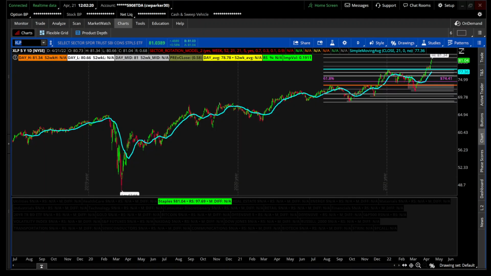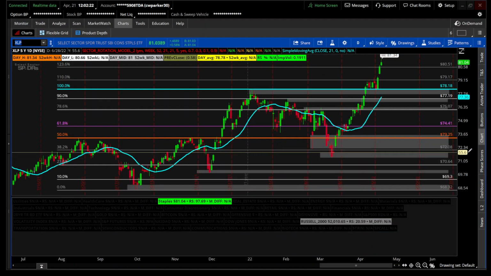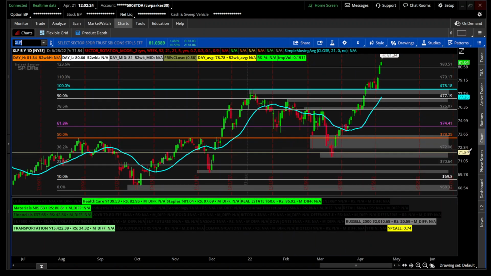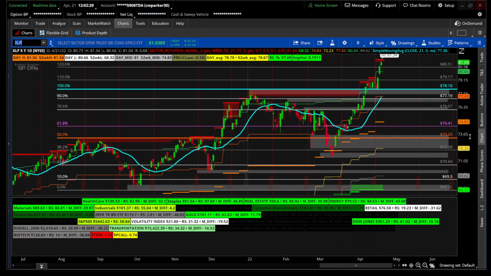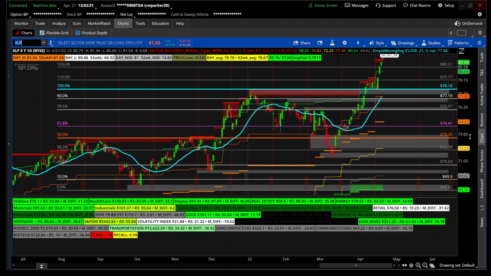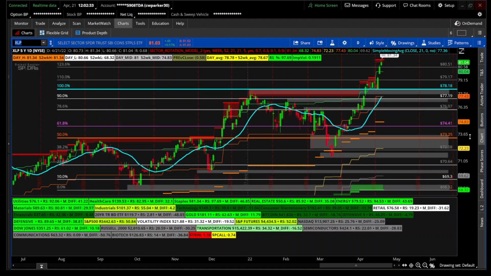But after a while, you'll get pretty proficient with this after using it. And if you look at it, its relative strength matches up with the one up the top.